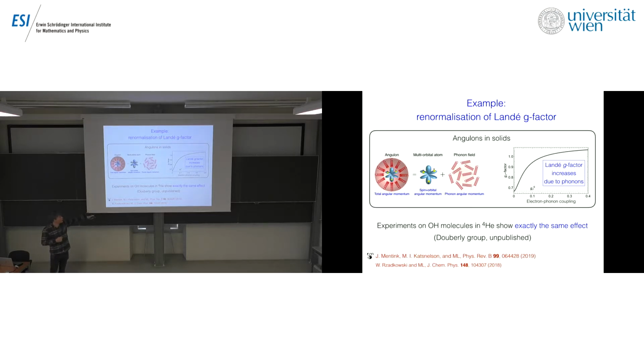For example, here we observe that with growing electron-phonon coupling, the Landé g-factor increases in a similar way as the moment of inertia for molecules increases. We predicted some other effects, but anyway, what I would like to briefly mention here is that Gary Douberly had some unpublished data on OH molecules in helium droplets, and these molecules have spin.